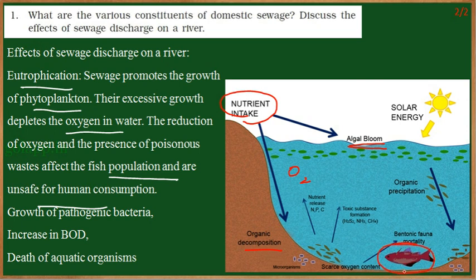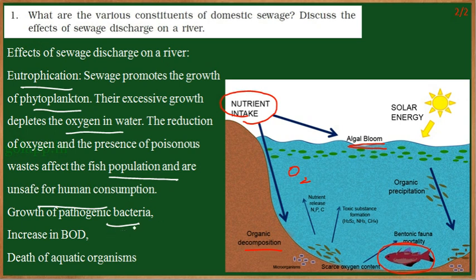Without oxygen, the aquatic organisms fail to survive, and with the presence of these toxic chemicals, many other aquatic organisms will die. So eutrophication first promotes the growth of phytoplankton, then it promotes the growth of decomposers, oxygen concentration reduces, then the aquatic organisms will die. And along with that, the pathogens which enter into the water body also multiply in larger numbers, and these pathogens can spread and cause waterborne diseases.